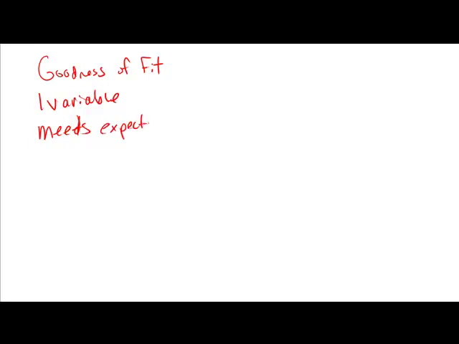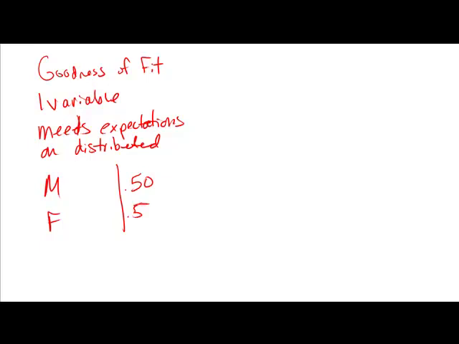The biggest thing to remember is that we have 2 types of chi-squares. The first type of chi-square is known as a goodness of fit. This is when we have one variable and we want to see if it meets expectations and how it is distributed. So essentially, if you're doing something that is male and female, does it fit the 50% split?